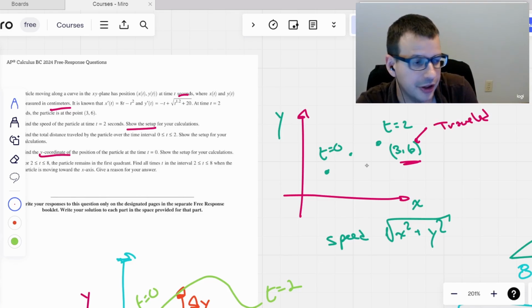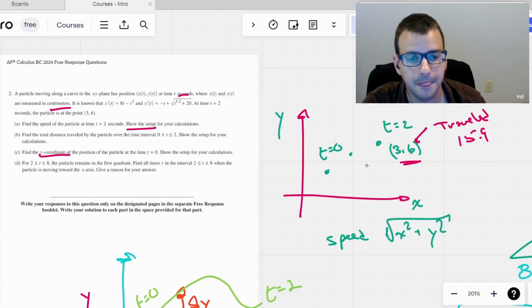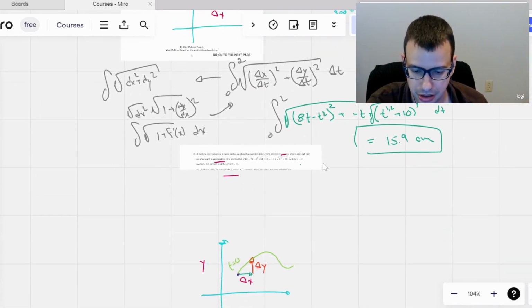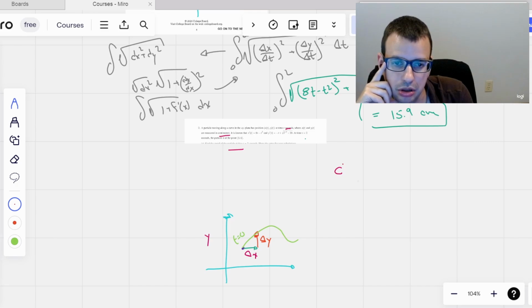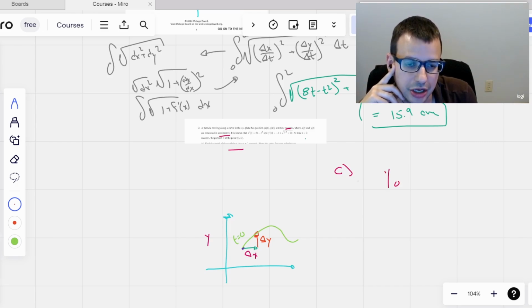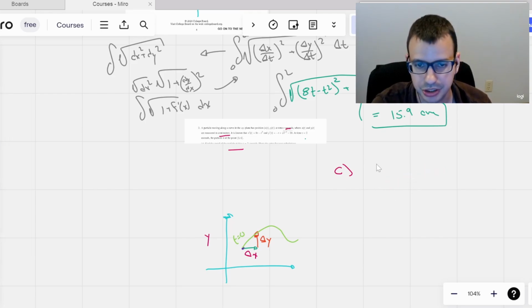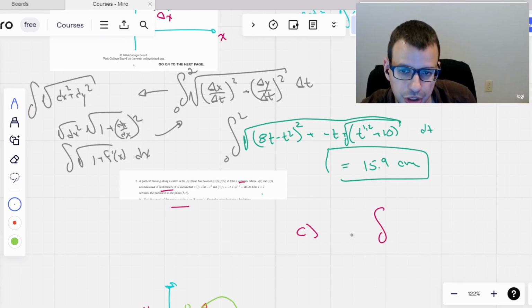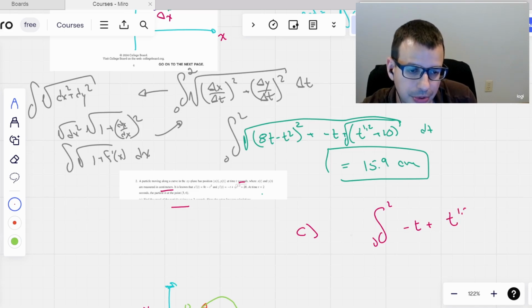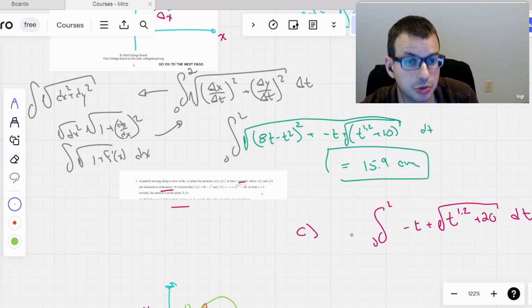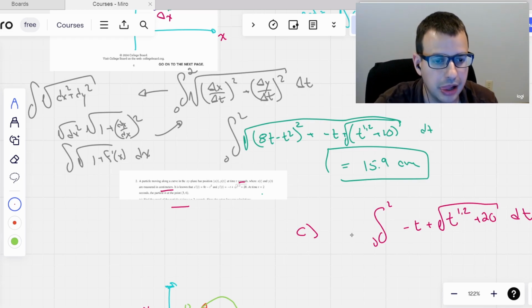So what I'm going to put forward is y initial plus, actually we don't want to use 15.9, we want to use just the y component. So the integral from 0 to 2 of negative t plus the square root of t to the 1.2 plus 20, dt. So we're integrating with respect to y.